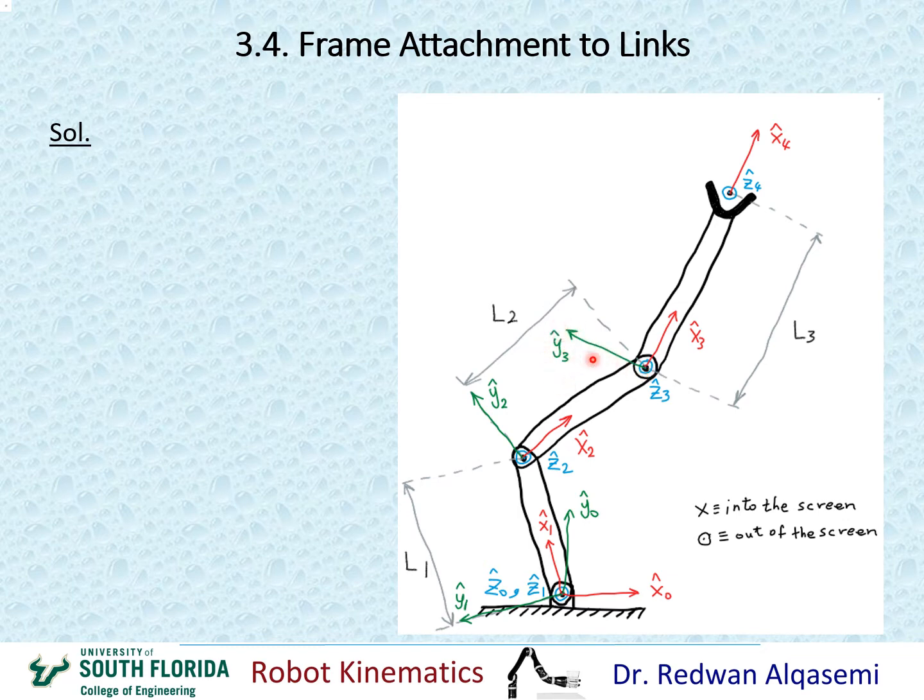Now this is a common mistake. Remember that this line has nothing to do with this dotted line that's marking the link for L2. Okay, this line here is exactly 90 degrees from x3, and also exactly 90 degrees from z3, which is coming out of the screen. Okay, so you don't have to follow any specific line and think that it makes sense to put it this way.